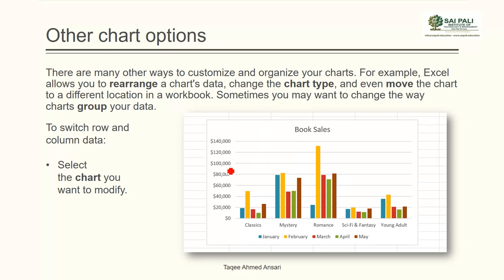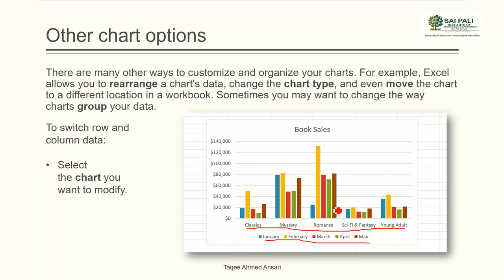Now suppose you want to switch the row to column. In the rows, we have January, February and March, and in the columns we have this category of books. If you want to change it, you can switch it.